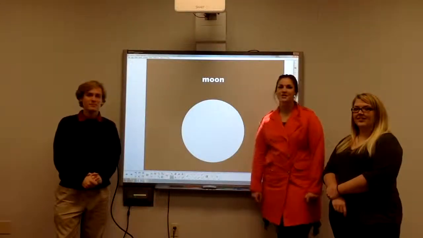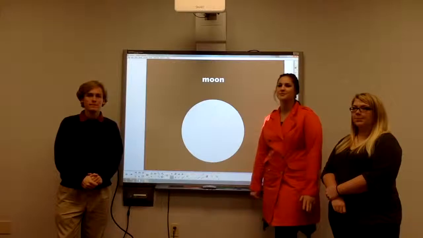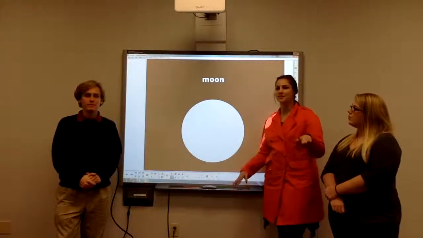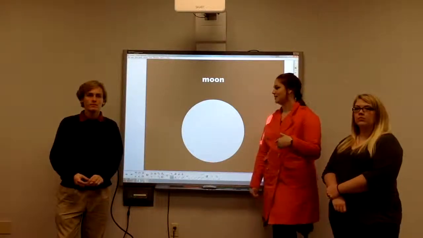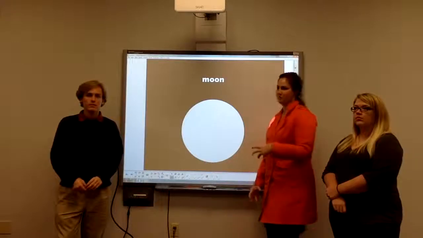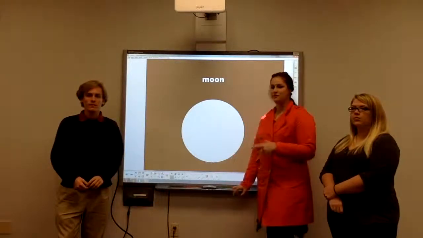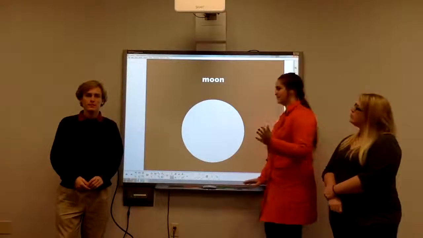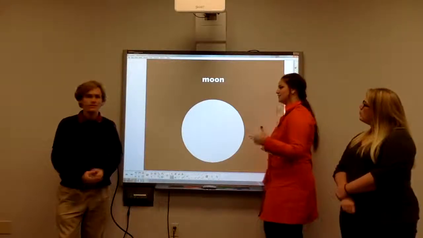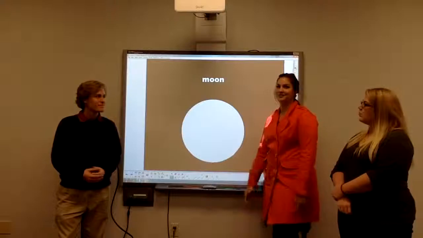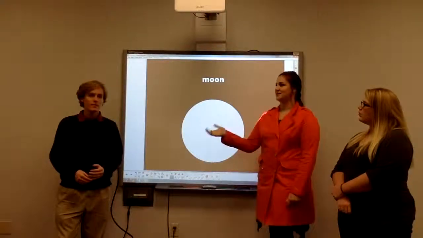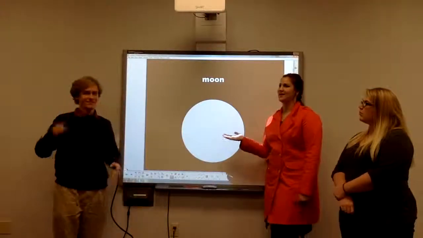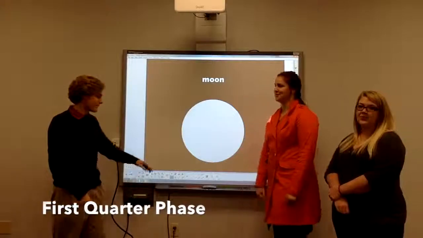So for this portion of our project, I would group the students into separate groups and then have them come up as a group to the smartboard. I would assign each group an individual phase of the moon and tell them to illustrate it on the smartboard. Say that this is my first student and I assign him the first quarter moon.